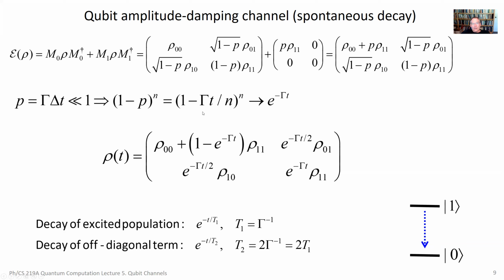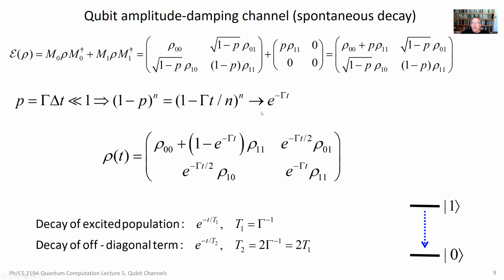But p, remember, is just gamma delta t. I can also write that as gamma t over n, if t is equal to n delta t, if they're all together n intervals, each with delta t in time, that gets raised to the nth power. And if I consider the limit in which n gets large, in which I consider that tiny time interval delta t to be arbitrarily small, it's an exponential, e to the minus gamma t.